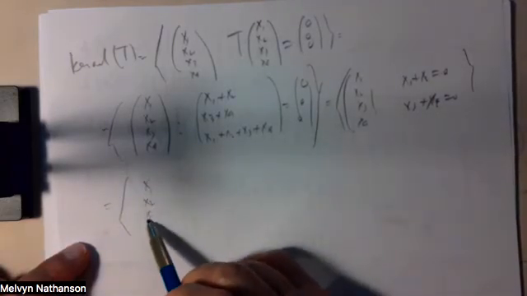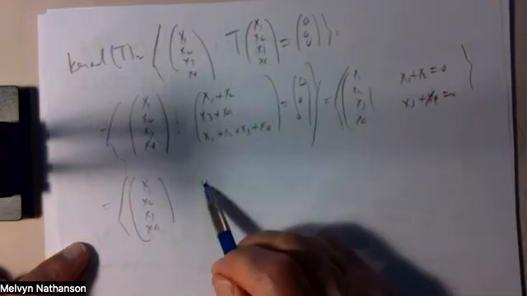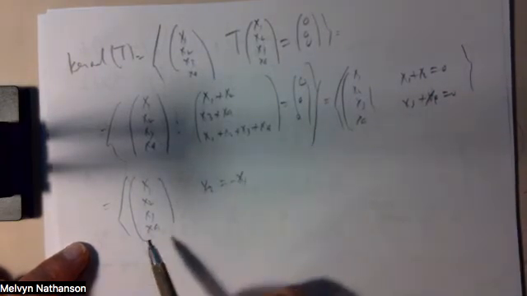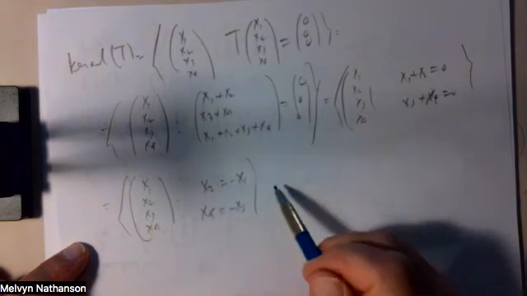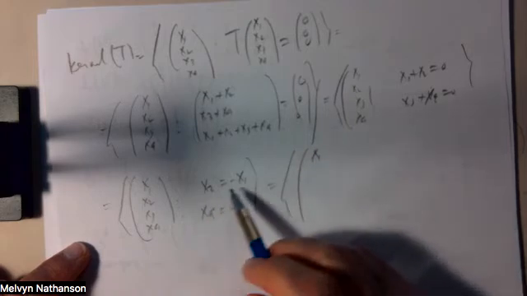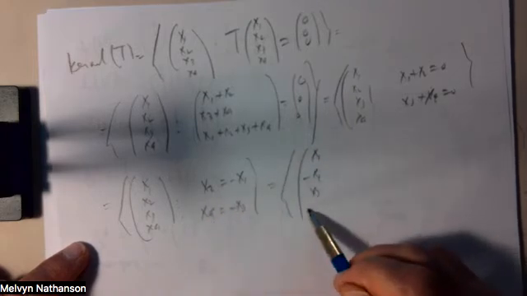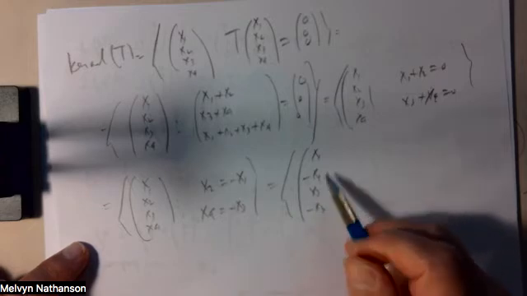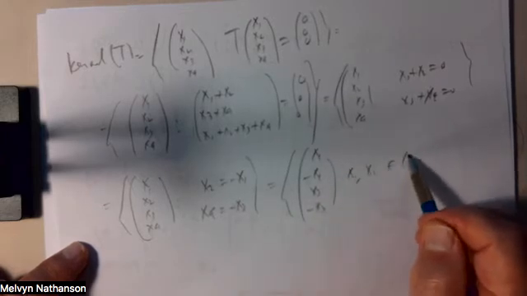So this is all vectors x1, x2, x3, x4, where this says x2 is minus x1 and x4 is minus x3. So this is all vectors x1, minus x1, x3, minus x3 for any values of x1 and x3.